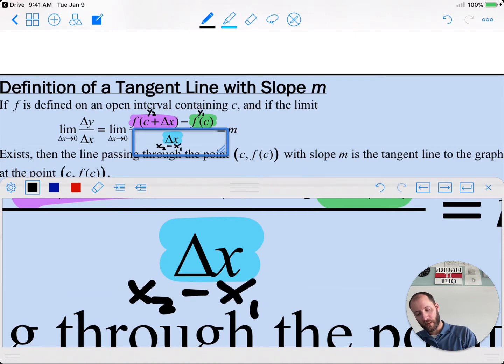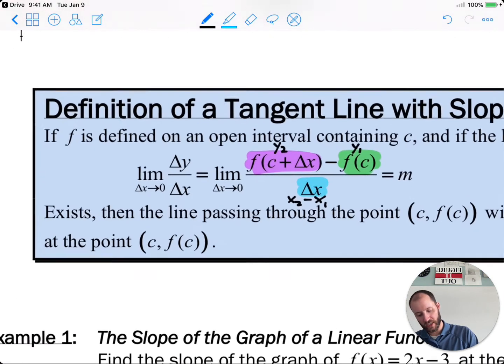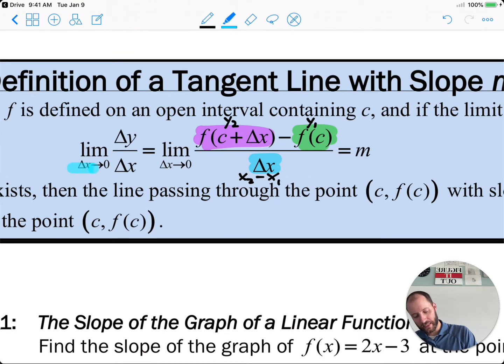But you see in the limit notation, we want delta x to be approaching 0, getting smaller and smaller. So as our denominator gets smaller and smaller, what happens to the fraction overall? What would happen if it could be 0? No, it can never be 0. But as it gets closer to 0, what can we predict reasonably would happen?